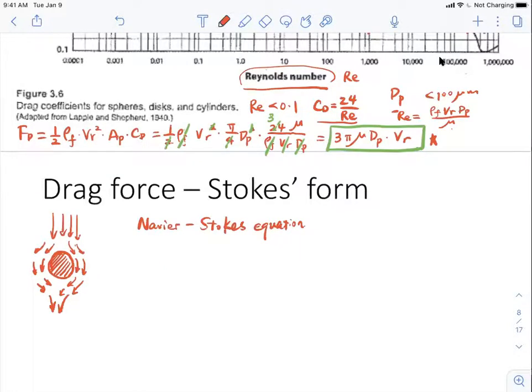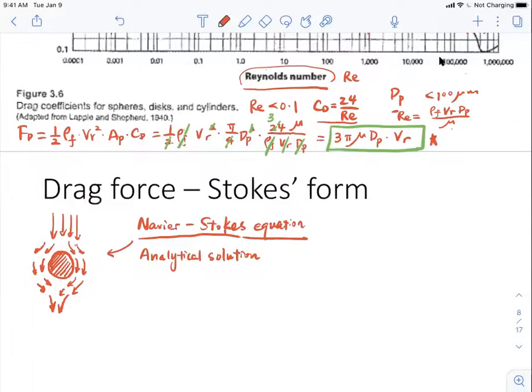And it happens that if we apply the Navier-Stokes equation to the drag on a particle moving in a fluid, we can get an analytical solution. What the analytical solution means is that we can get an exactly correct, or very accurate, answer based on mathematics. So it's going to be always correct.